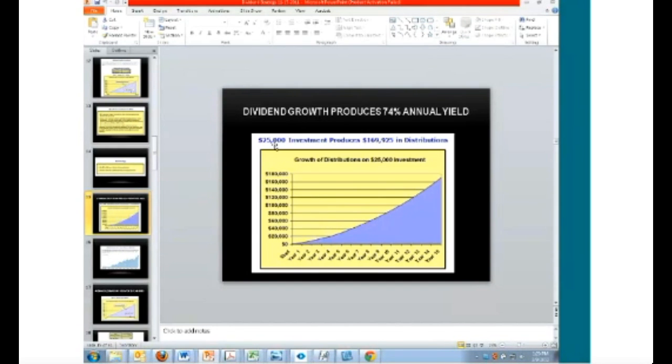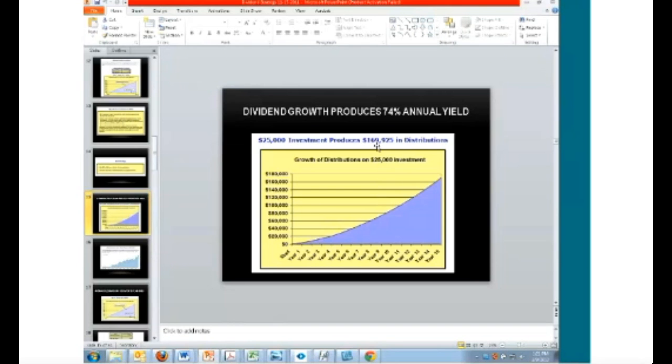So it just shows you that the strategy of buying these companies that have a history of raising their dividends can produce great returns. So again, this is strictly a cash-on-cash return, and it doesn't account for any increases in the price of the Kinder Morgan stock, and it doesn't include compounding our returns.